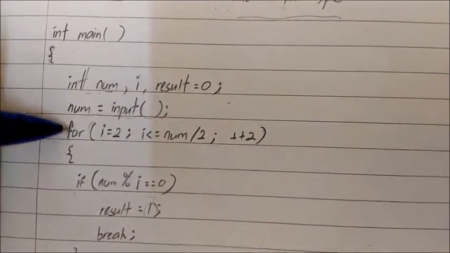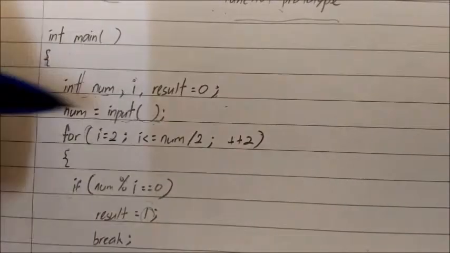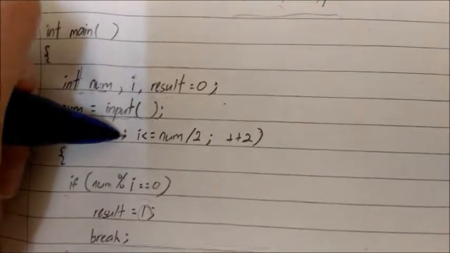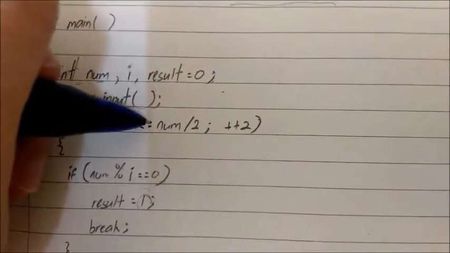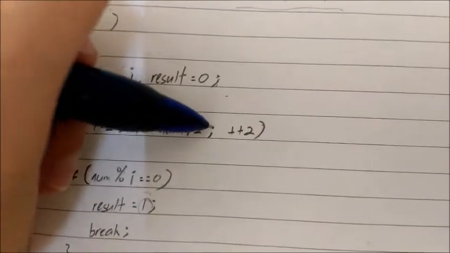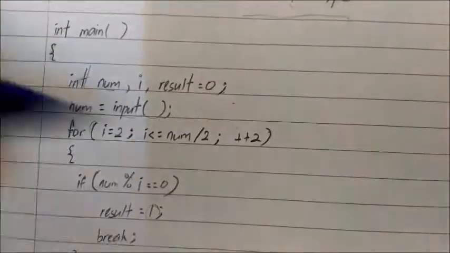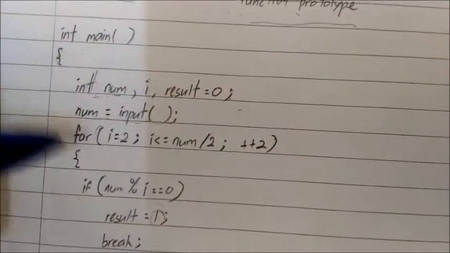So we use for i equal to 2; i less than or equal to num divided by 2; i plus plus.